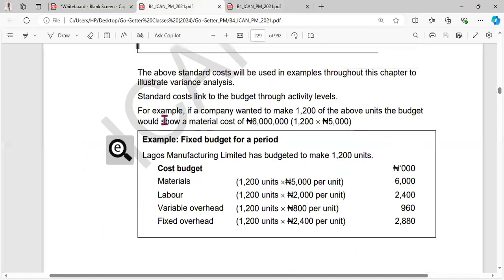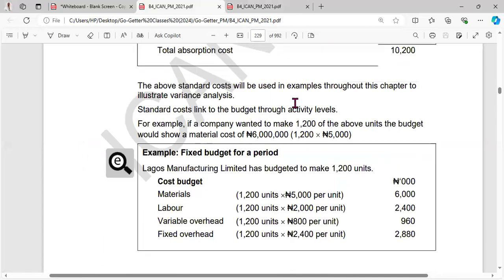Now, standard costs link to the budget through activity level. I said it before: standards are linked to the budget through activities. For example, the company wants to make 1,200 units.